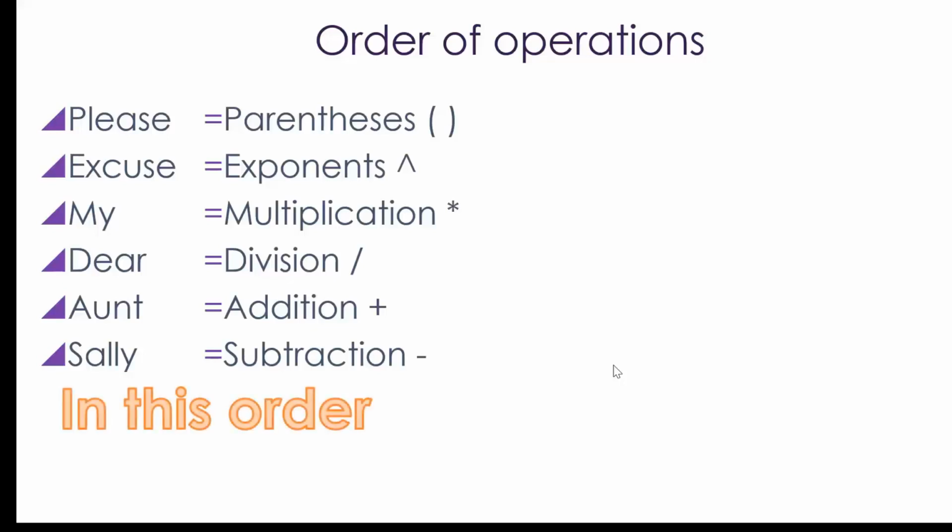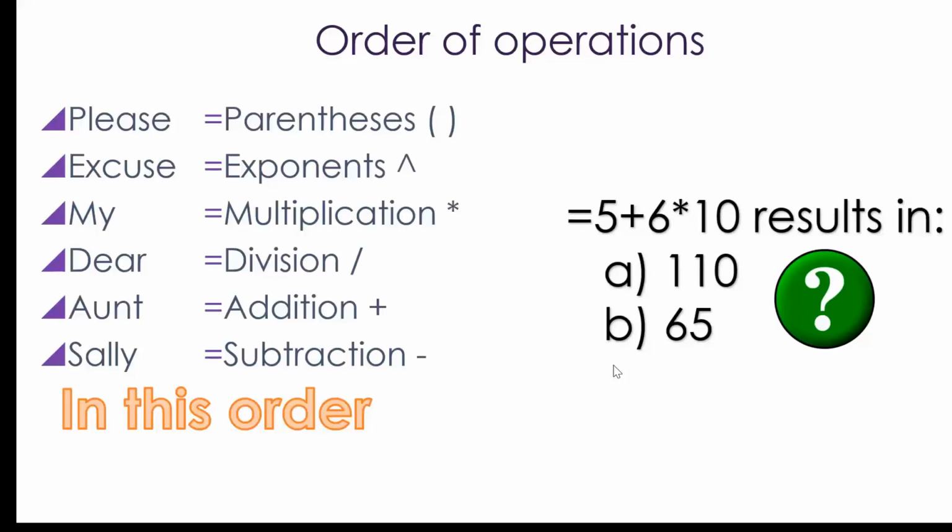In this order is how Excel calculates. So, thinking about that, how would you solve this problem? 5 plus 6 times 10, just the way it's written, would result in either A, 110, or B, 65. Now, which one do you think it is?